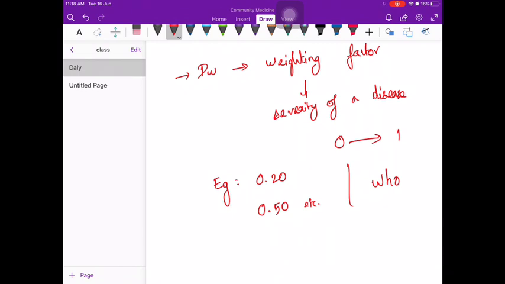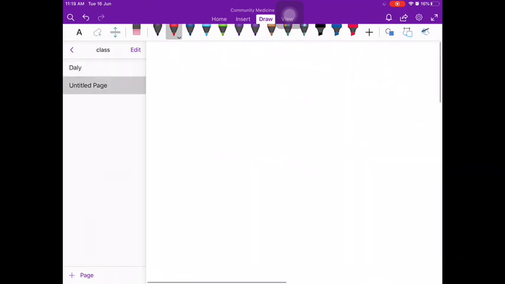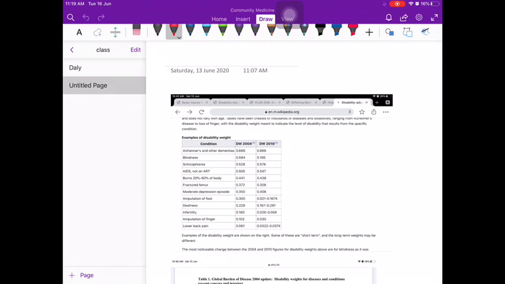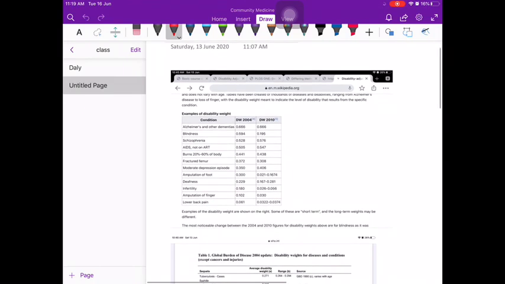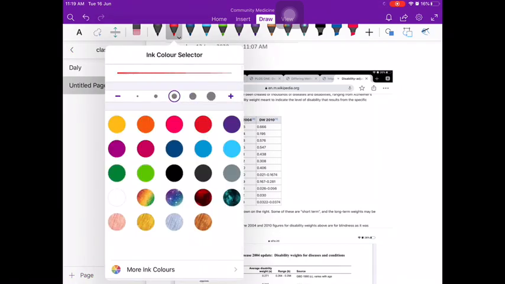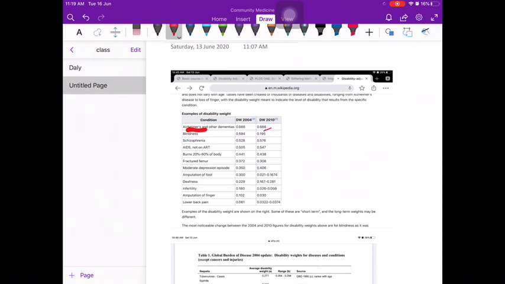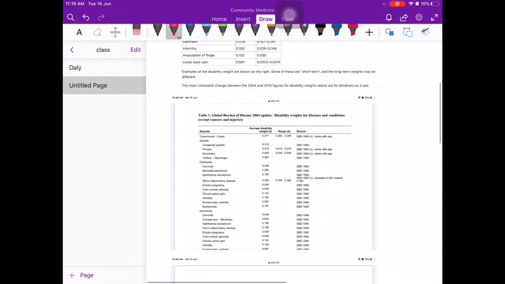And here are examples of disability weightings for various diseases, given by WHO, in which Alzheimer's has a disability weighting of 0.06 and blindness has a disability weighting of 0.19, and each and every disease is given on a scale by WHO.